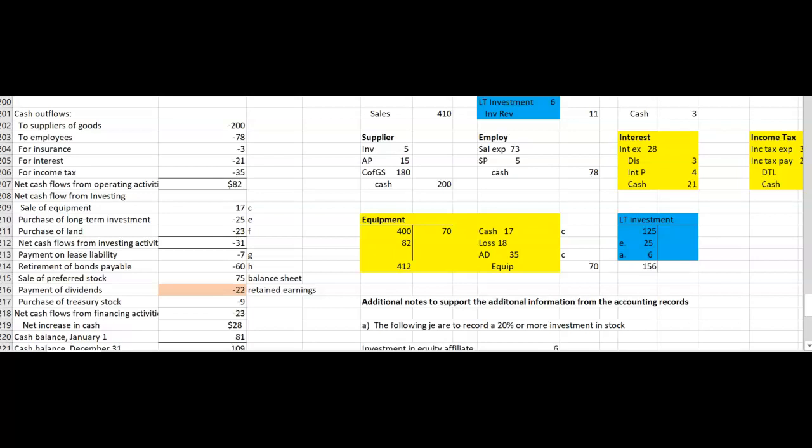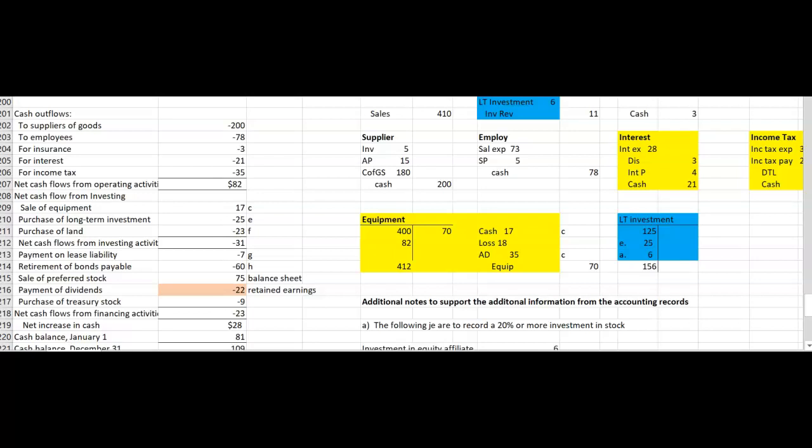Land costing $46 million was acquired by issuing $23 million in cash and a 15% 4-year $23 million notes payable to the seller. So we can analyze our land, and we compare the land on the balance sheet, and you will see that the land did increase $46 million, or $46.